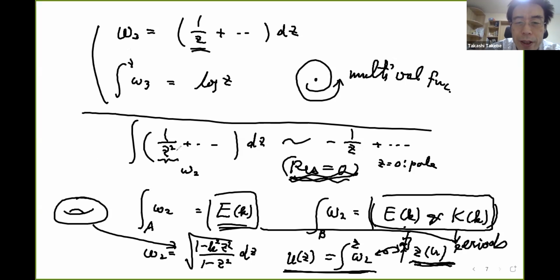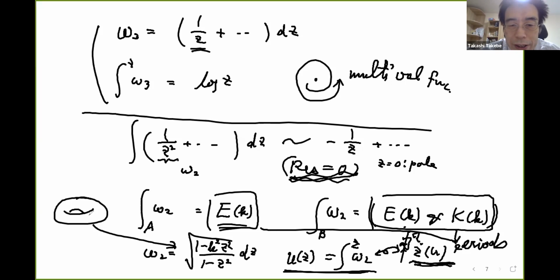But in this case, yeah, I just realized that the integral has such a form, and at least it's not easy to prove that this cannot have an inverse function. But still, if it has, then it has periods like this.